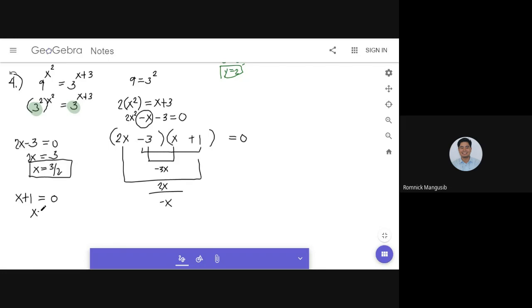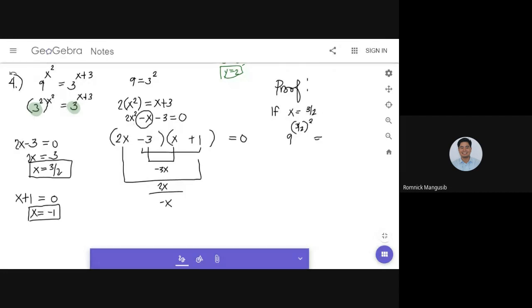Second, x must be negative 1. If you would like to see the proof, here is the proof. If we're going to substitute, if x is equal to 3 over 2, then 9 raised to (3 over 2) squared is equal to 3 raised to 3 over 2 plus 3. Okay? Now we continue.